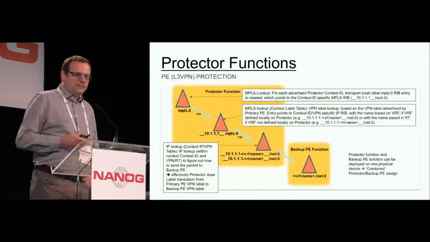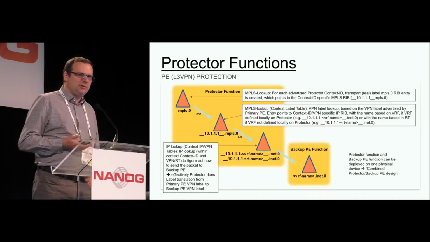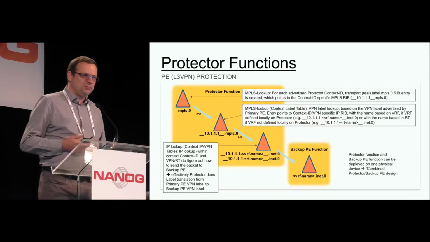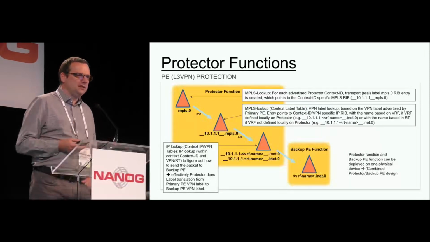And here is an example of the routing table structures that we have. First we have the MPLS FIB, the MPLS table. When the packet arrives, it will have some MPLS labels, so first the packet is checked against this MPLS table.